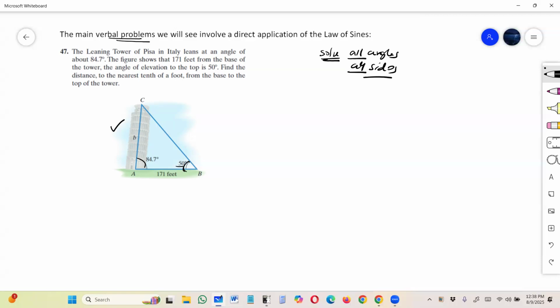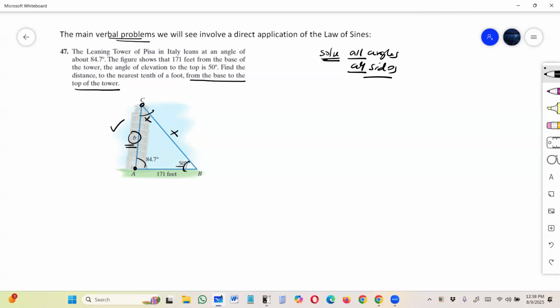In this case, find the distance to the nearest foot from the base to the top of the tower. So what is it that they want you to find? From the base to the top of the tower. So they just want you to find this. I don't need to find this angle. I don't need to find this side. I just need to find B.